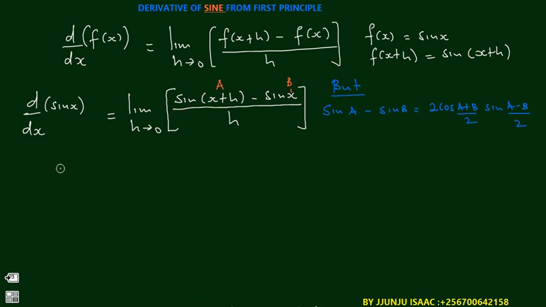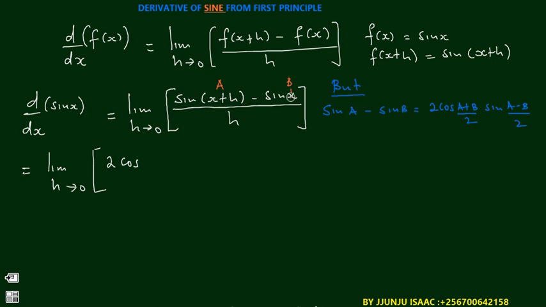So let us apply the identity here. So we shall have our derivative as the limit as h tends to 0. So we shall get 2 cos. Now I want you to observe here that if we were to take A plus B, like in the identity here, we shall be taking x plus h plus x divided by 2.